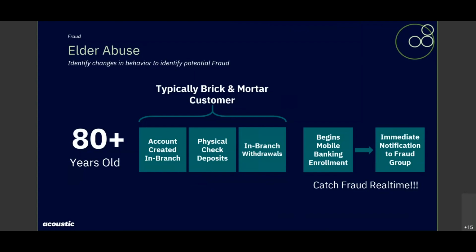Well, when they all of a sudden enroll for mobile banking and now try to move money out of their account, it is suspicious. So here, once a user would enter in a birth date that put the user over the age of 80, an alert was immediately sent to the fraud team, and they were on the phone trying to validate that this was a valid enrollment before the enrollment process was even complete. Tremendous help in eliminating this type of fraud.